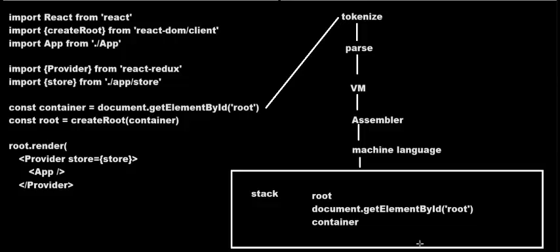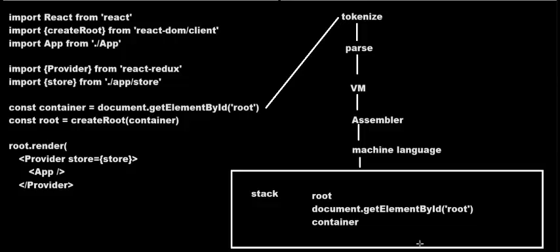Push container, push document getElementById, push root on the top. We have last pushed on the top root. First out. Root out, document getElementById out, and container is created and full of value.